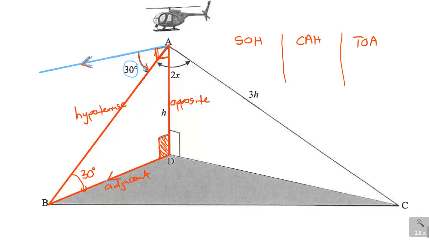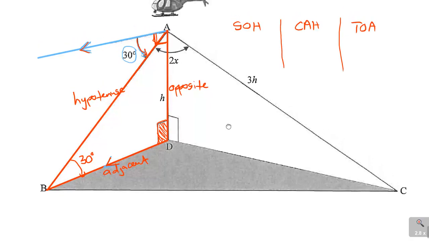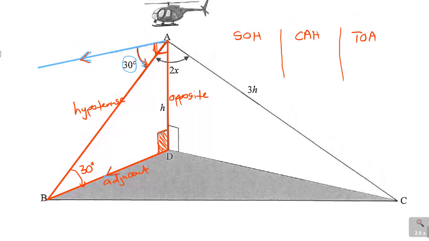So now if they want that distance, to say determine the distance AB in terms of H, so that distance AB, in this case, if I can just use again this marker to say we are looking for this distance AB.